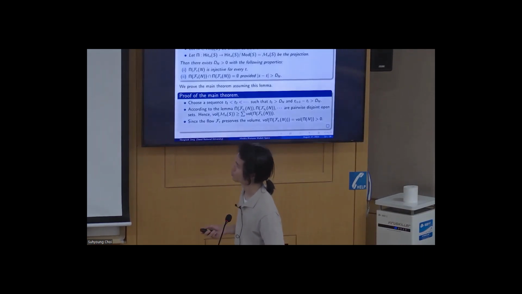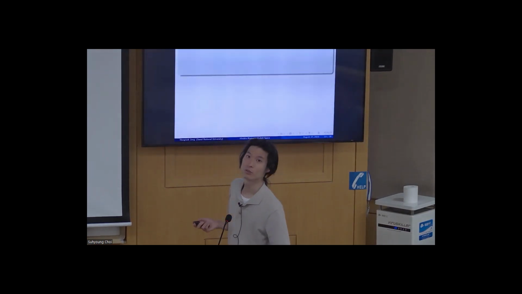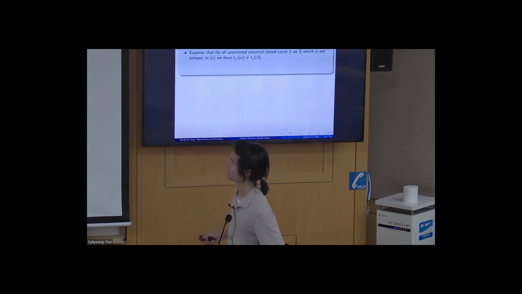And to prove this, I have to prove some lemma first. Another lemma, a very small lemma. Let's say rho and rho prime are two Hitchin representations.